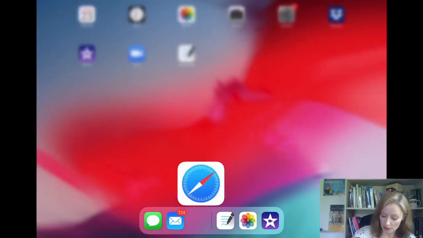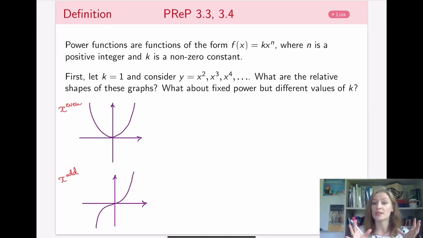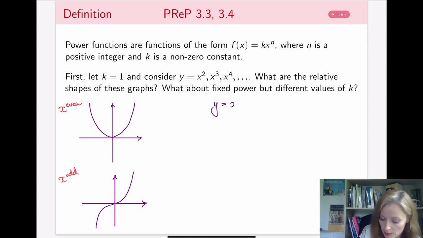Okay, so let's go back and actually record this observation on our slide. So in terms of power functions, these are the two main cases that I will always witness. Now, what about the second question here? What about if I fix a power, but consider different values of the coefficient in front of it? So for example, things like y equals x squared.